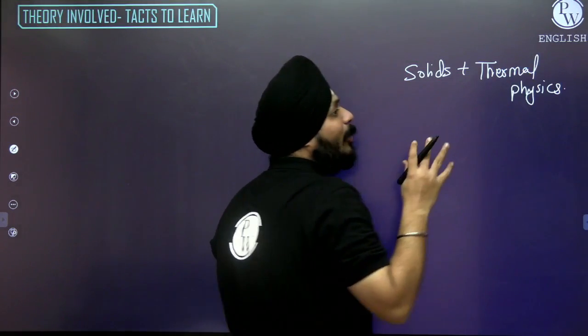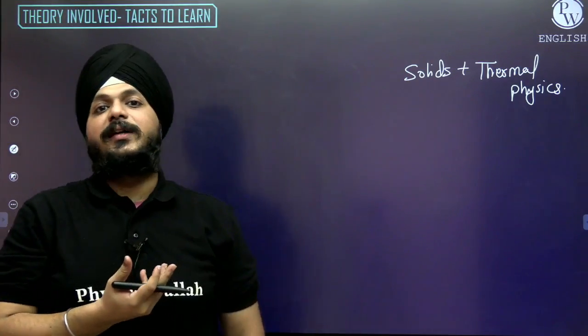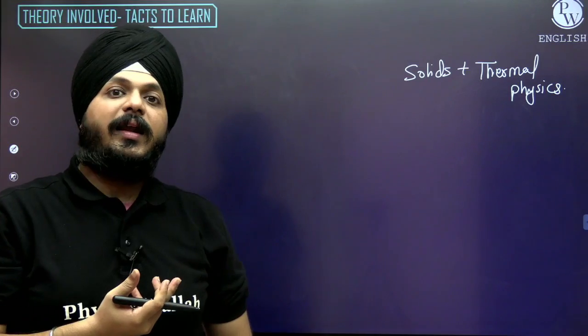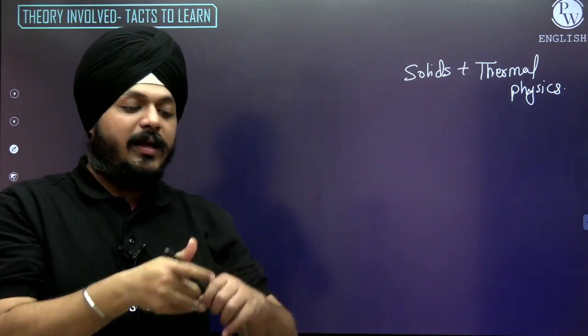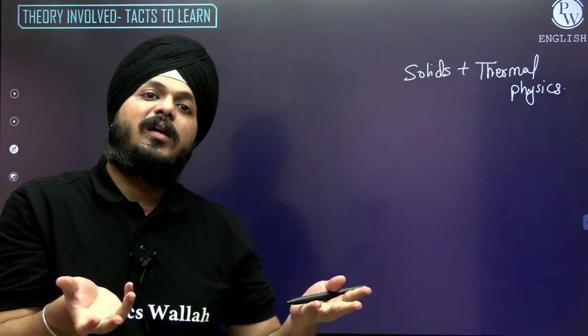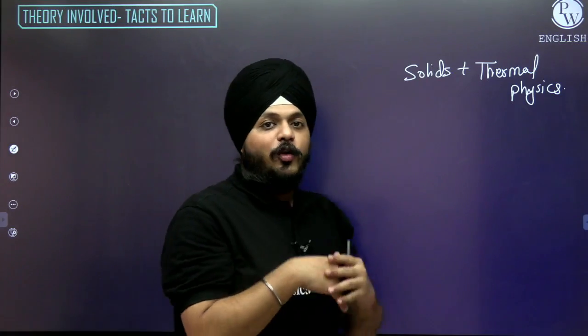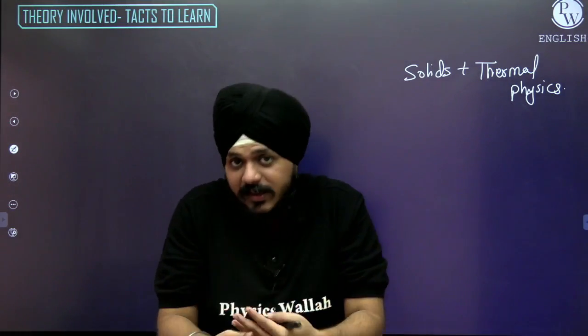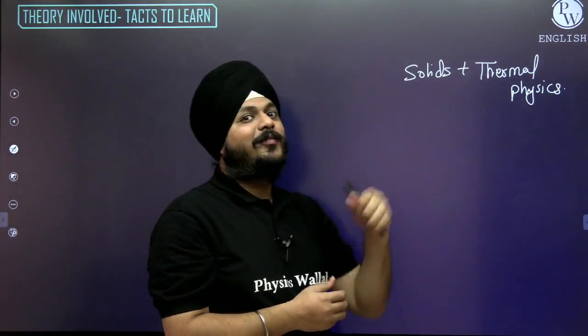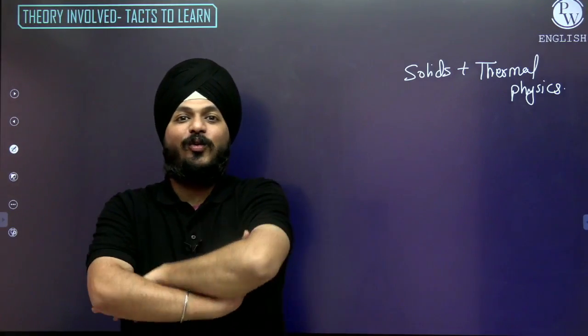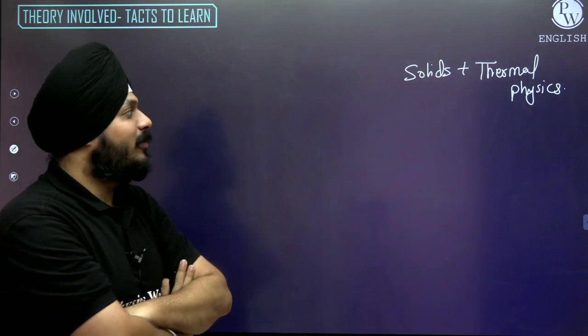Whatever moduli you have seen in solids, we saw that if the configuration is getting changed, then stresses and strains are produced. But if all of those things happen because of a change in temperature, then obviously thermal physics is going to play a role.